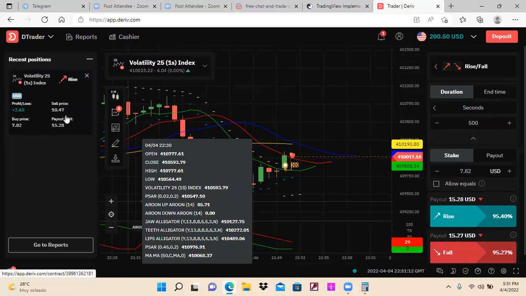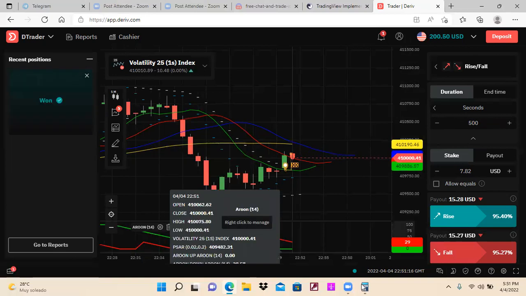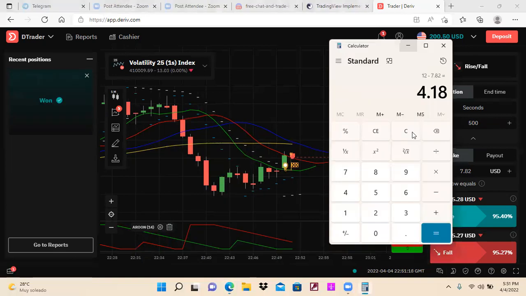So remember, we started with $6 and now we're at $10.47. Okay, so let's see how much percentage we have gained in less than 30 minutes. So we go 6 times 80% equals $4.80.